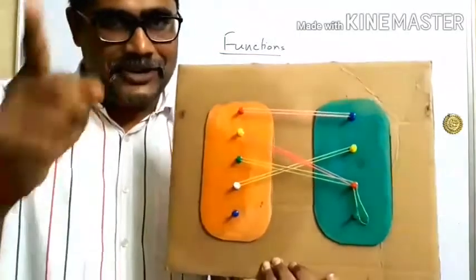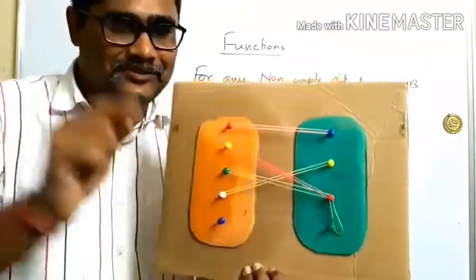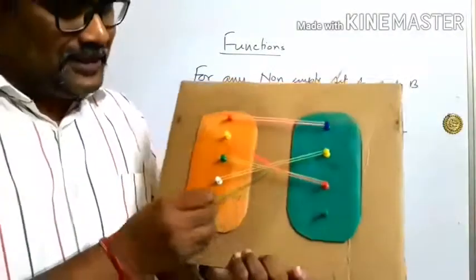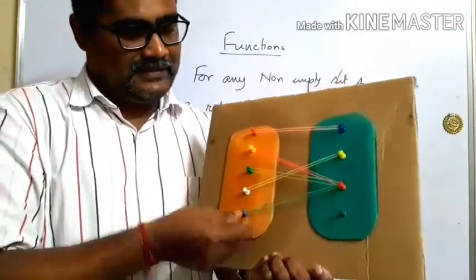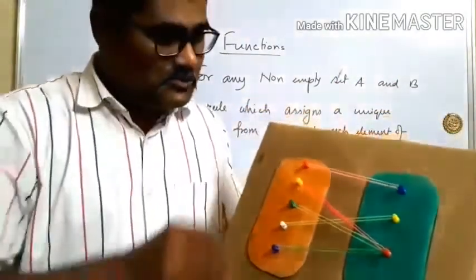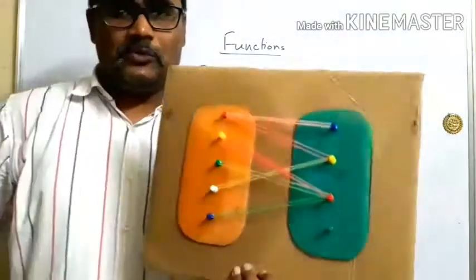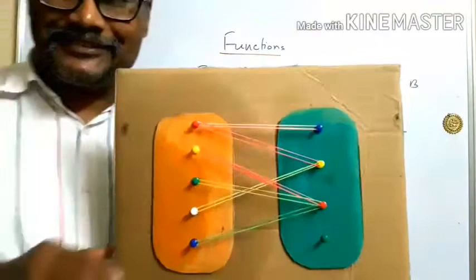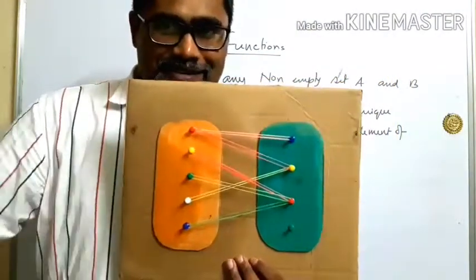You cannot leave anything here without relating. Number one. Okay, fine. Now suppose this is related. And then I do this also, that this is also related to this. Will this be a function? This time too we have satisfied the conditions, every element related.